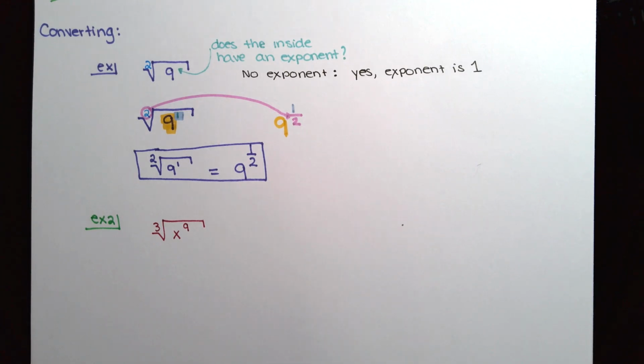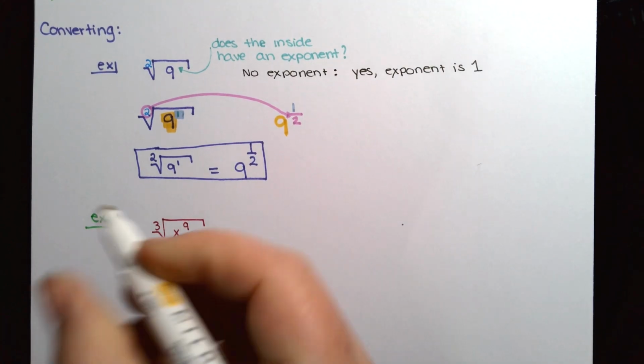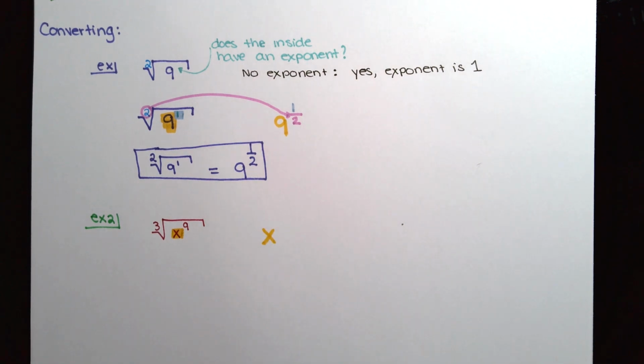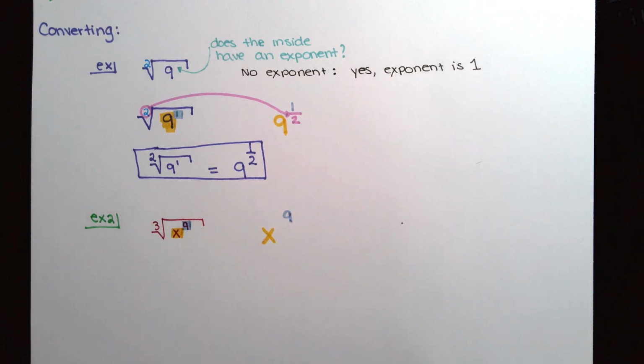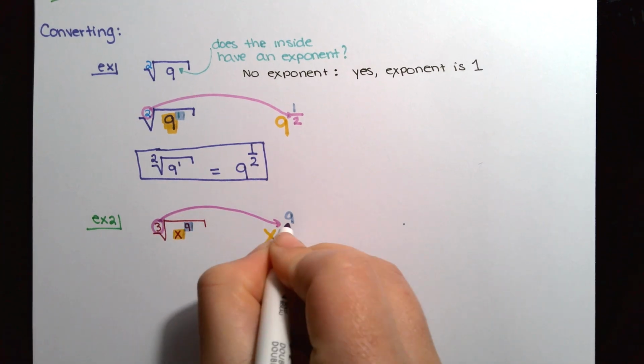To rewrite this, we are going to be taking our base. Here's our base of x. We're going to take exactly how we see the insides, 9, which is our exponent. And we're going to take our index, and index is always going to be our denominator.